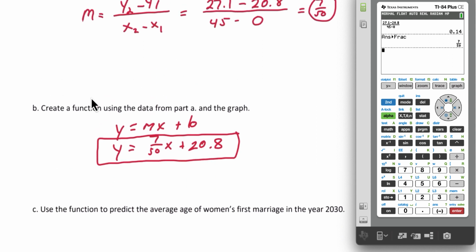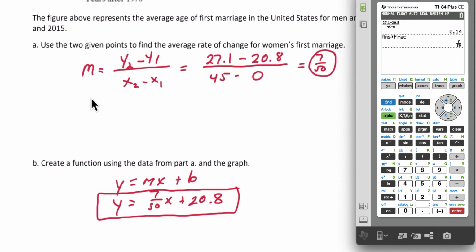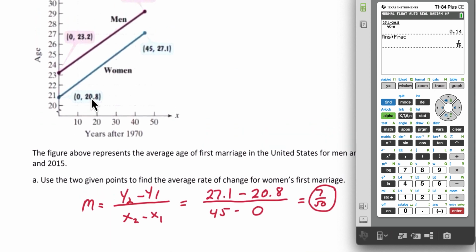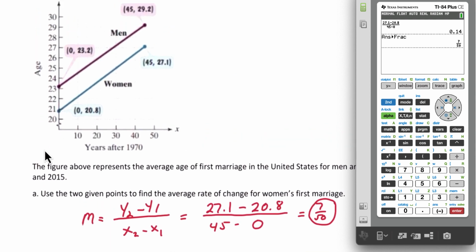Part C asks us to use the function to predict the average age of women's first marriage in the year 2030. So let's go back to the graph. Notice that the x coordinates of this graph are written in terms of years after 1970.